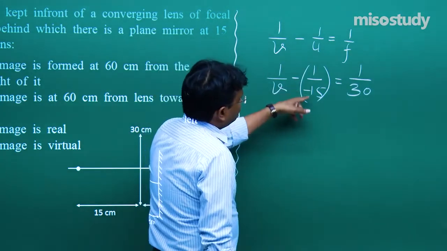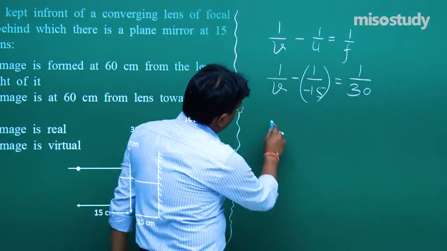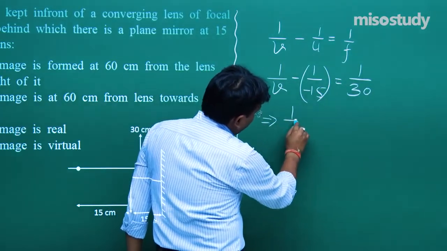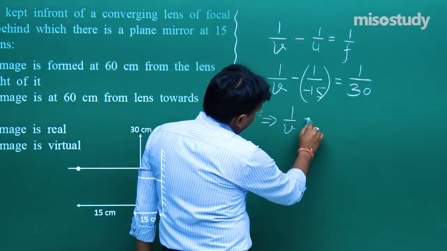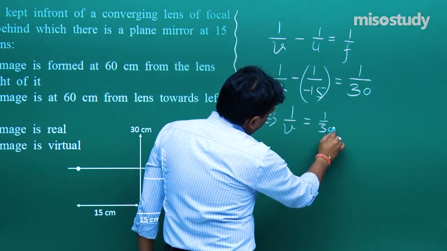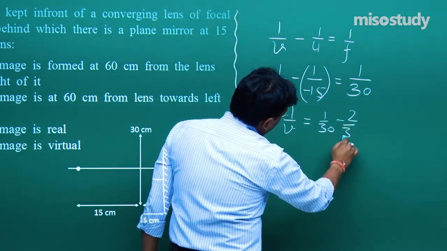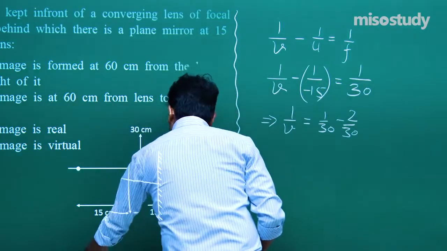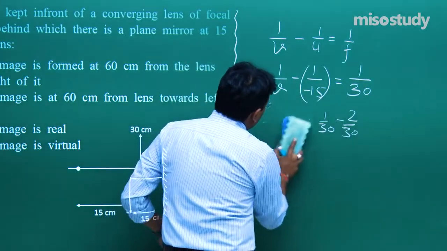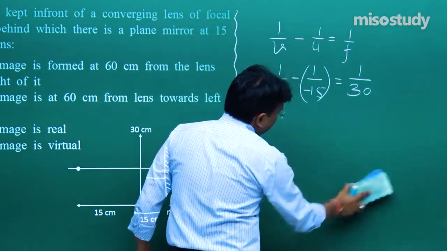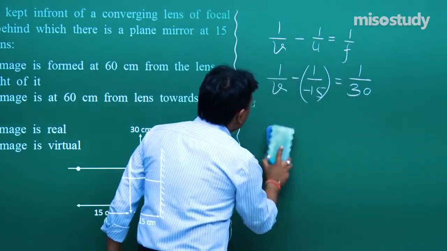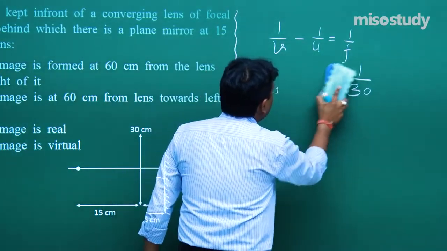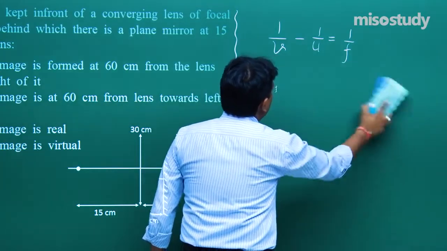So 1 upon V minus this is equal to 1 by 30. So from here what I can say, 1 upon V is equal to 1 by 30 minus 2 by 30. Simple calculation. Ultimately what I will get from this, that I should write down, because I know you people are very comfortable in mathematics. So after mentioning the formula, I am directly putting the values.